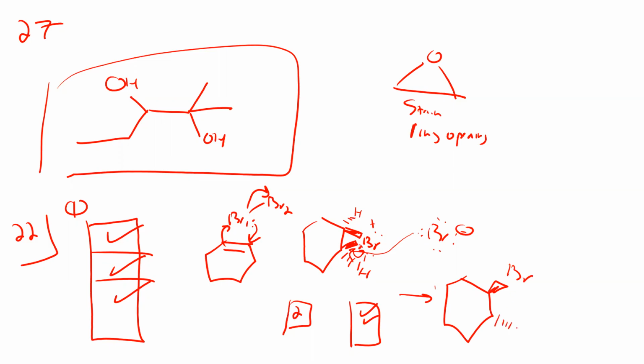And this will be anti-addition. So that's 22. Remember not to select that one and only select the top 2 and leave these 2 blank. So we've done 27. Let me look at 28 now.